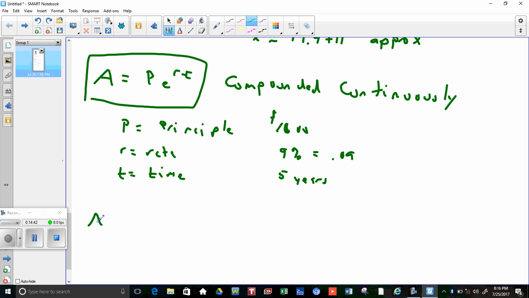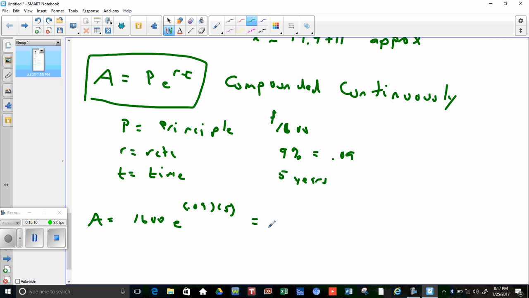So A equals 1,600, that's the principal, e raised to the 0.09 times 5. And this you can literally plug right into a calculator. So don't forget, you should probably do the e to the 0.09 times 5. You can multiply the 0.09 times 5 first if it helps, and then do e to whatever that gives you.